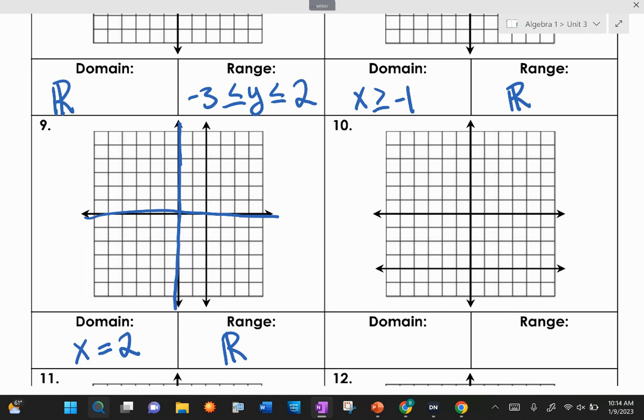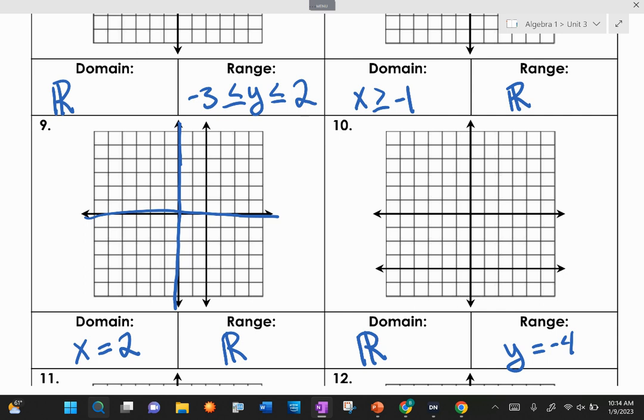Number 10. What is the domain? R. Range. What is the range? Y equals -4. I think we need to start being very intentional about the words that we say because I feel like they're translating to the work that we do.